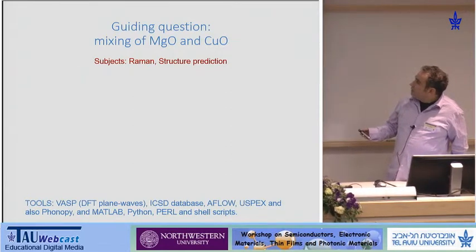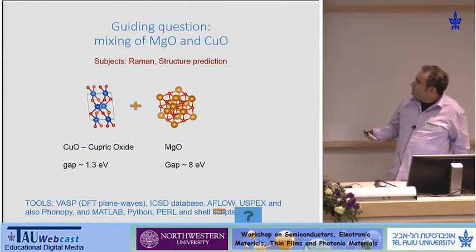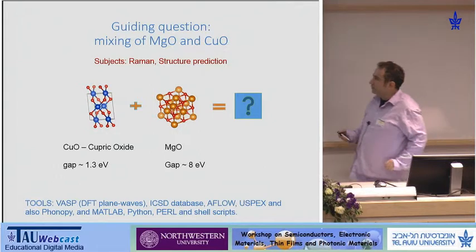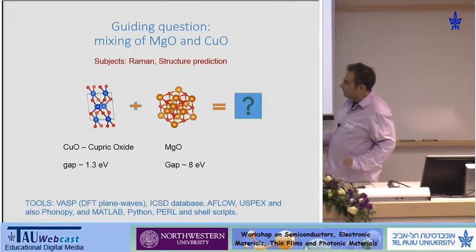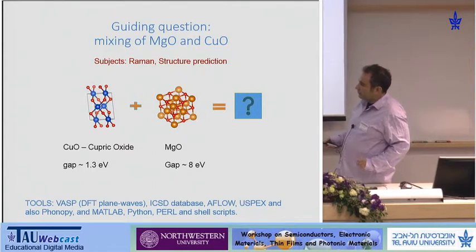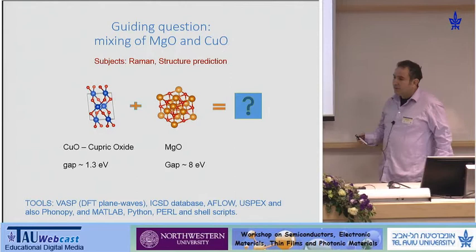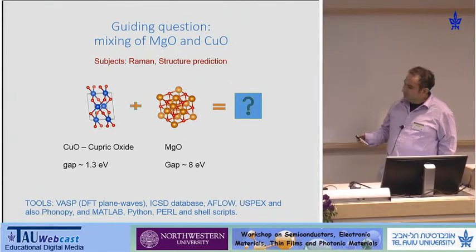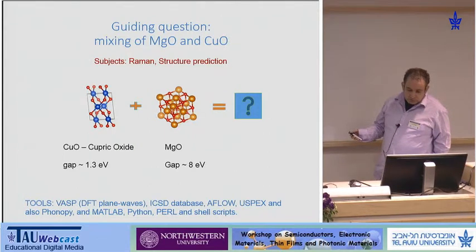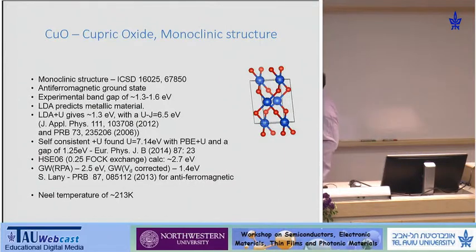So we tried to see whether there could be some compounds that are a result of this mixture, where this material is with a gap in the solar range, and this material is a transparent material with a very high band gap. And since there is the ICSD, we will soon see that there is one answer.